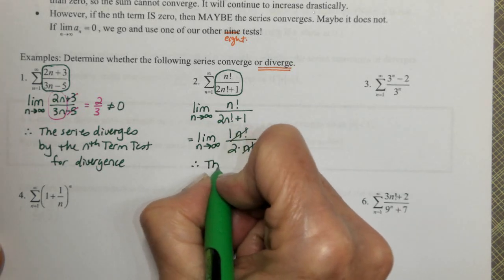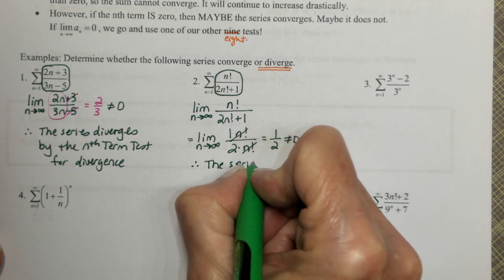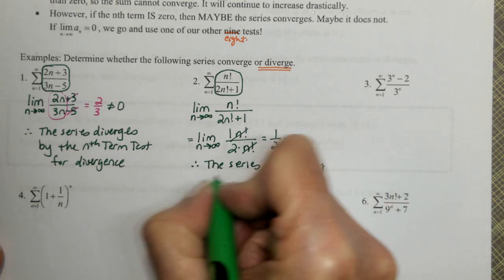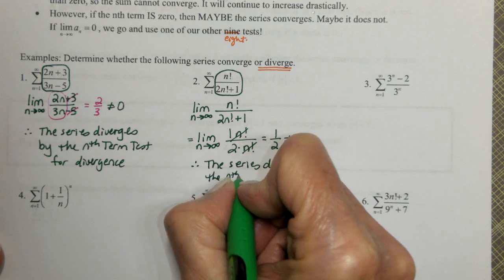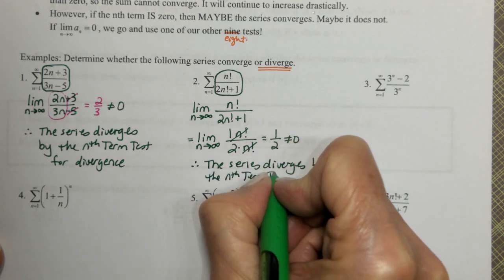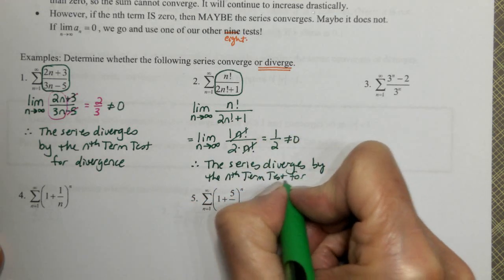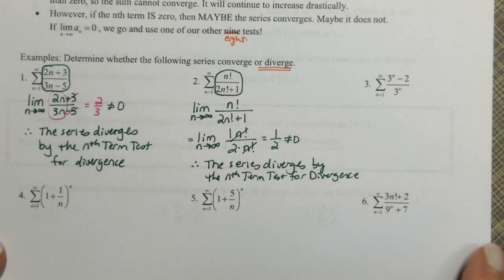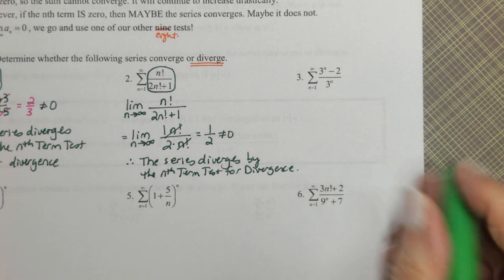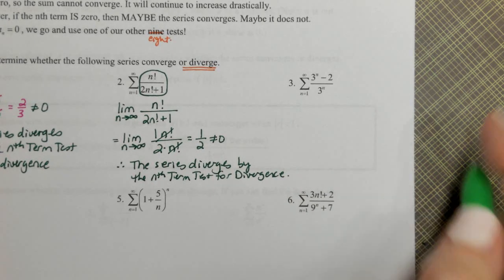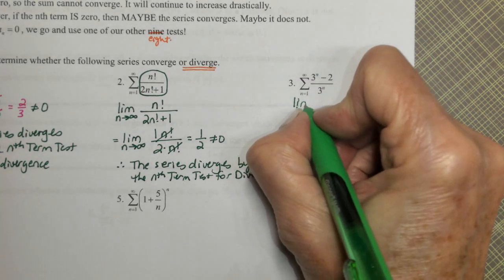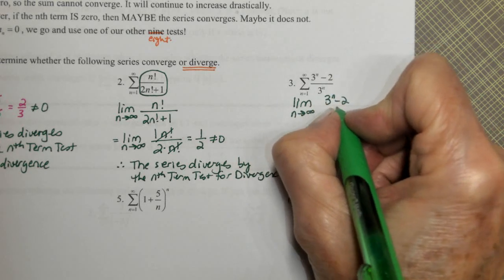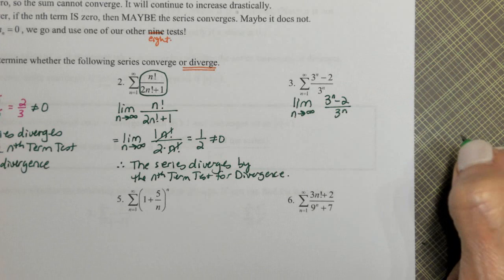Therefore, the series diverges by the nth term test for divergence. Okay, next up, limit as n goes to infinity of 3 to the n minus 2 over 3 to the n.